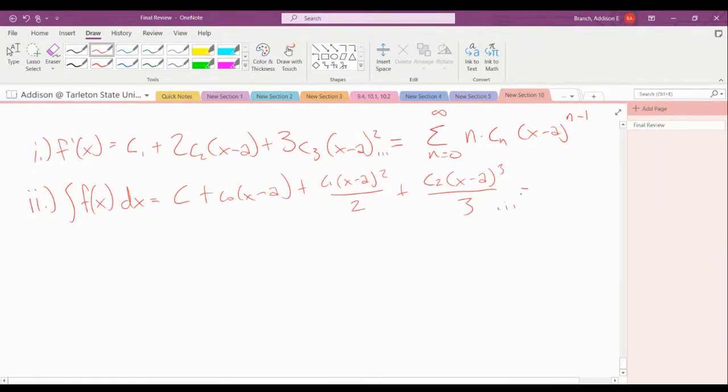And we can say that that is equal to our power series sum of c sub n times (x minus a) to the n plus 1 over n plus 1, and then you're also going to have a little plus C out here. That's like when you integrate normally.